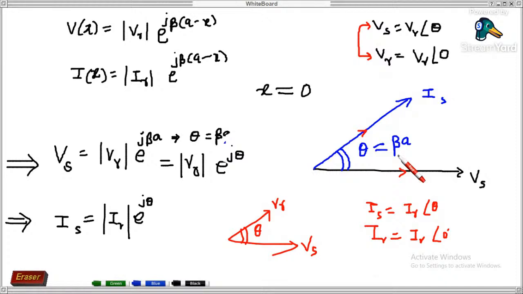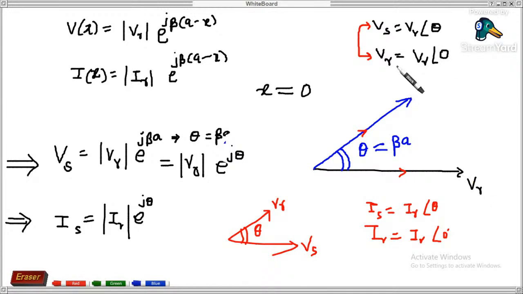So even I can say, let me erase this. If it is VR, because see VR at an angle 0, where will the Vs?